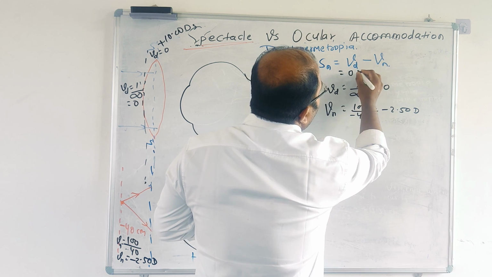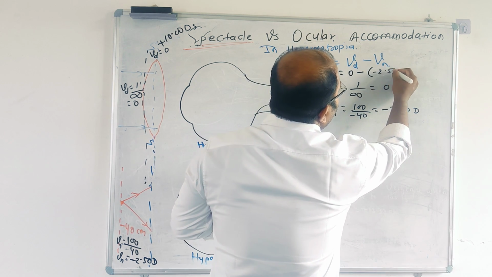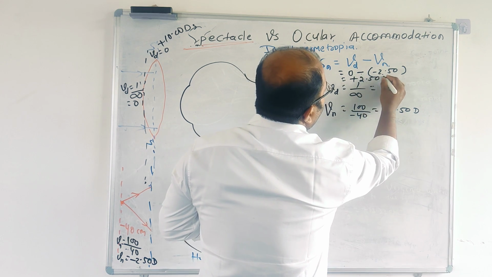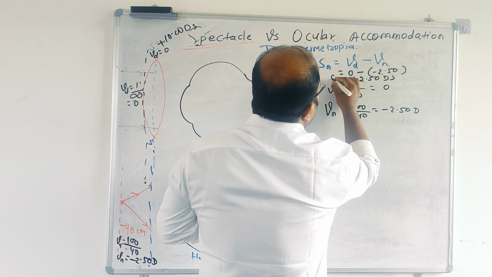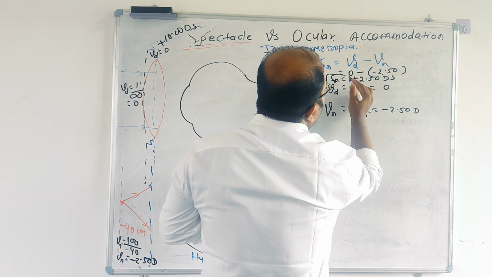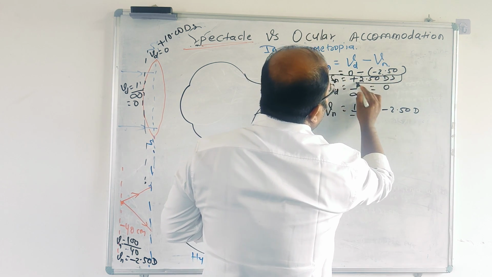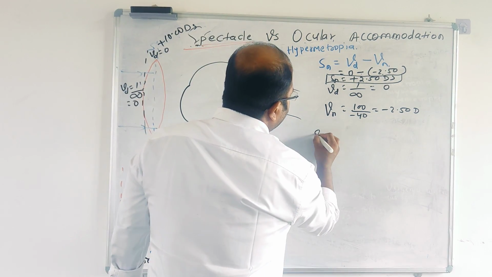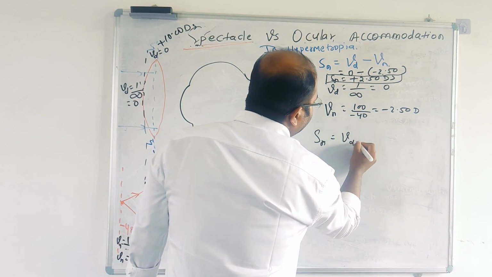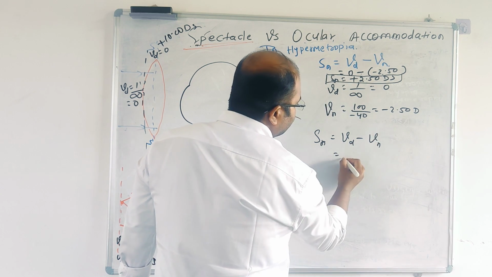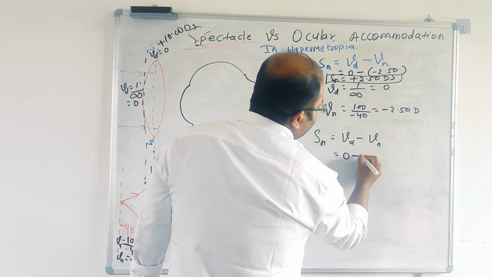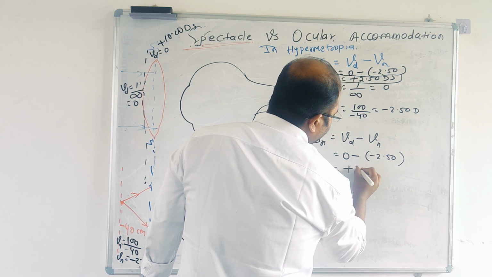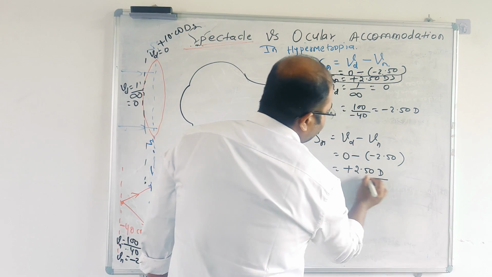Vd is 0 minus Vn is minus 2.50, so minus into minus becomes plus. So plus 2.50 diopter. This is spectacle accommodation. Am I right? Yes. A equals Vd minus Vn, which is 0 minus minus 2.50, equal to plus 2.50 diopter.